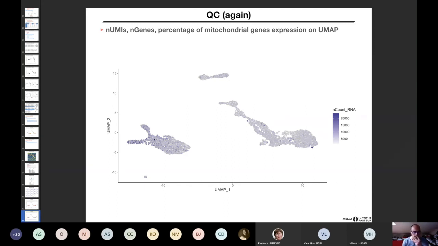So this is an indication that you should look carefully at these clusters to see if there are clear marker genes to identify them as a specific cell type, and discard the possibility that they group together just because these cells happen to have a low number of counts and a high number of mitochondrial genes expressed.